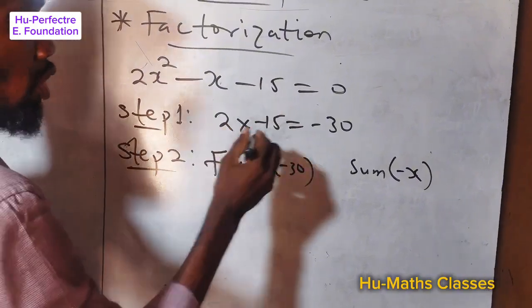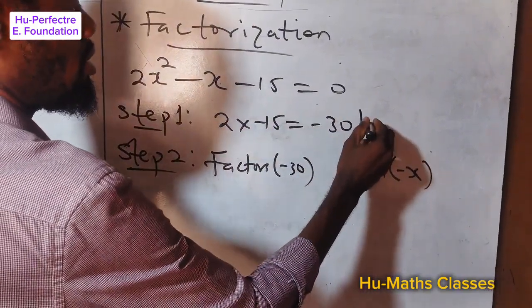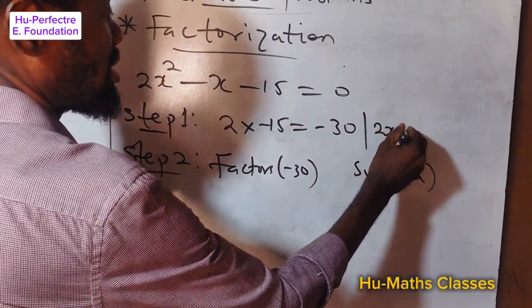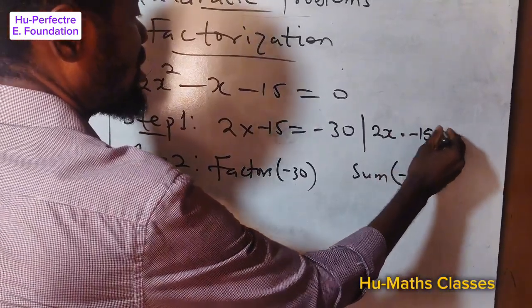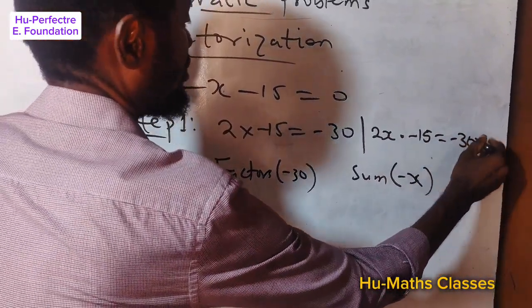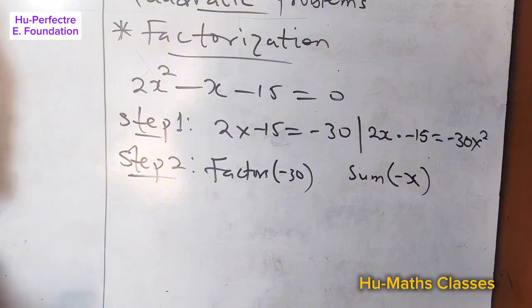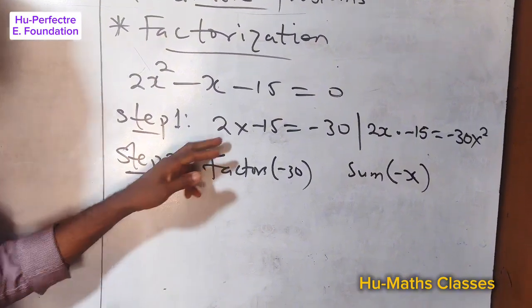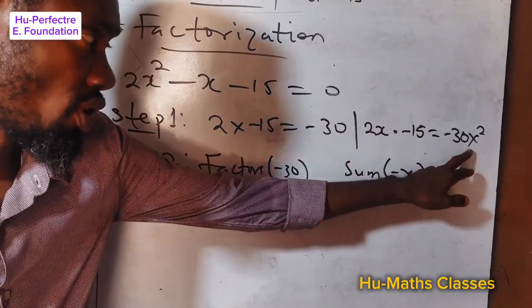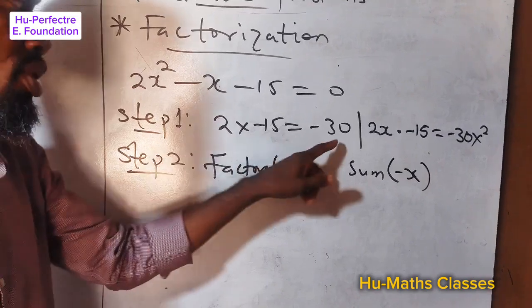If we are using a coefficient, we'll be having 2 times minus 15. That will give us minus 30. Please note that. So if you want to use the first term, you have minus 30x raised to the power 2. If you're using the coefficient of the first term, you have minus 30.